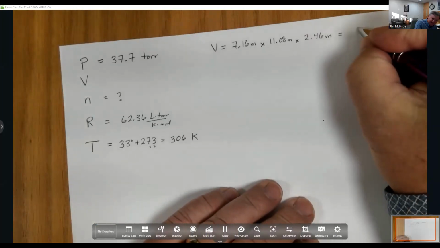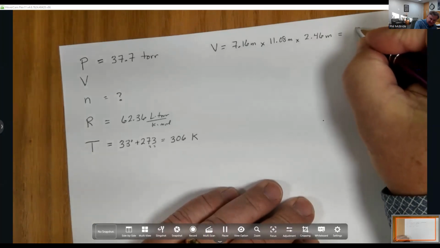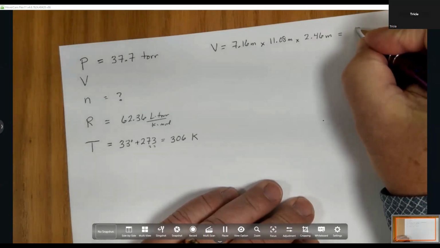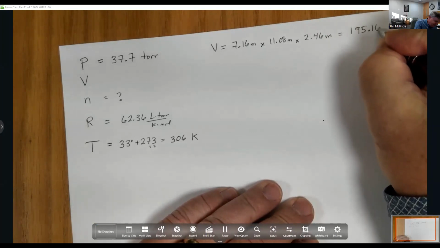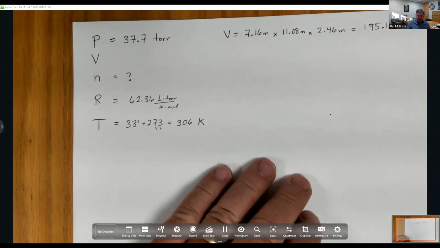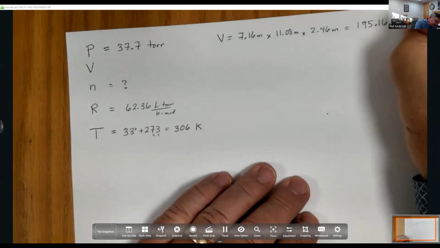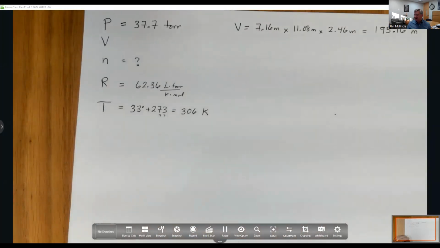Say that again. 195.16 cubic meters. So that's meters cubed.